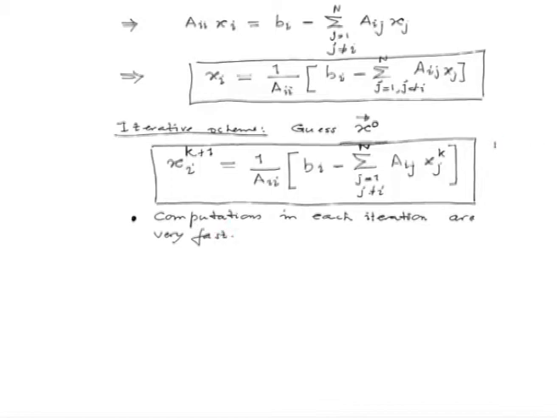So here we can say that k is equal to 1, 2 and so on till convergence. The downside we have already noted, convergence is very slow. Is there something which we can do to improve the convergence of this Jacobi iteration?